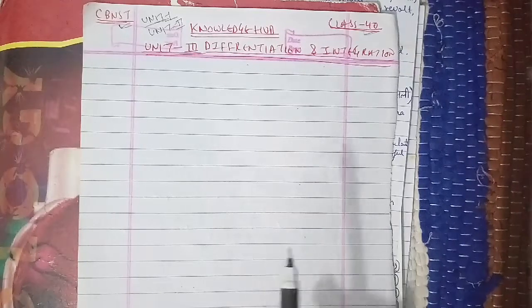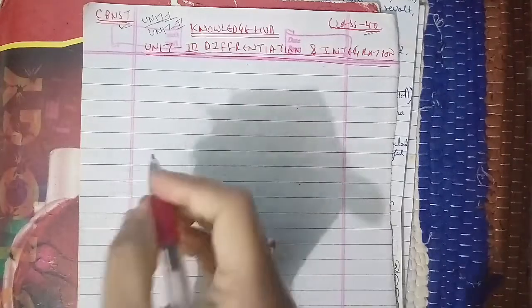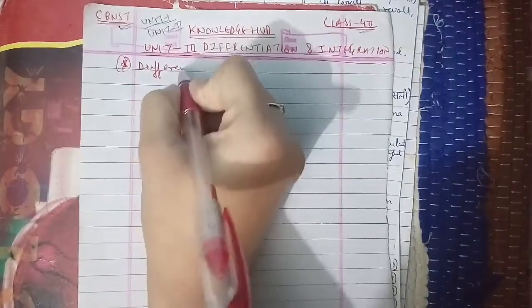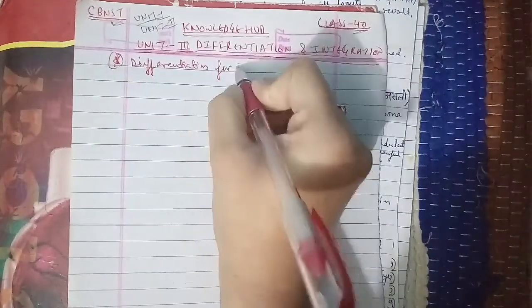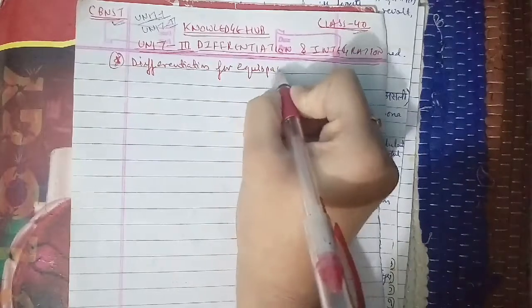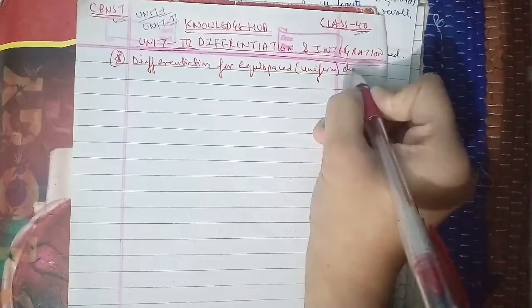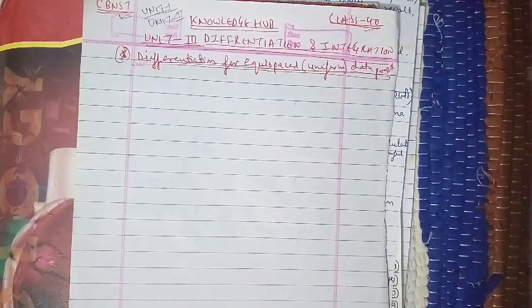First we discuss differentiation for equi-spaced, that is uniform, data points.